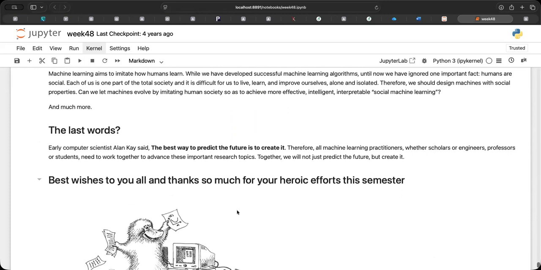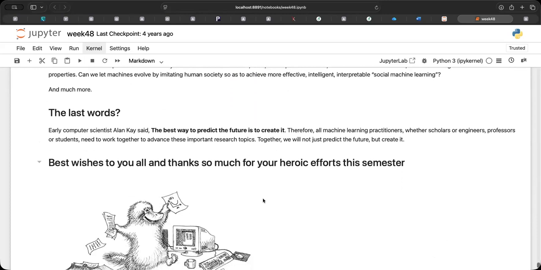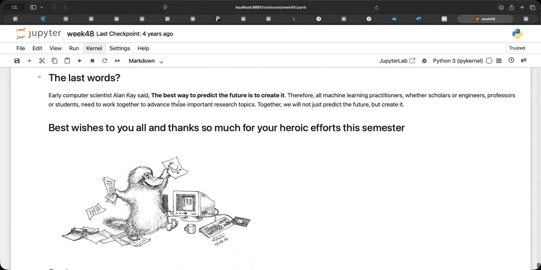So I would say that with the advent of particularly large language models, there is a revolution which has taken place. And I like to say the best way to predict the future is to create it. So all machine learning practitioners, whether scholars, engineers, professors, students, need to work together to advance these important research topics.